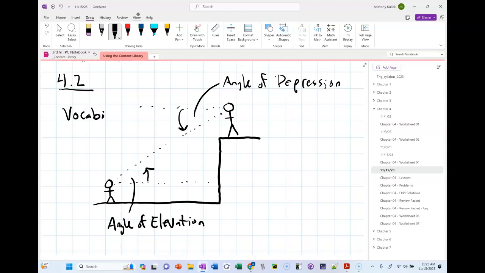Because again, what are you doing with your eyes? You're tilting your head downward. So we're calling that an angle of depression. The most common mistake that students will make is they put the angle of depression there.